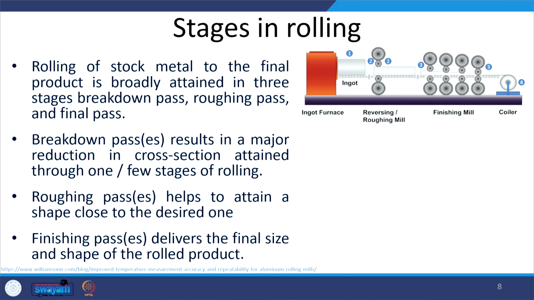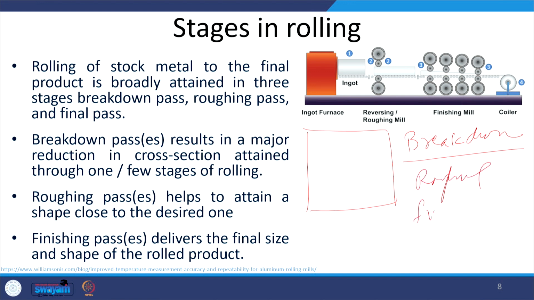As far as the stages of rolling are concerned, initially plates are extremely thick. So, initially we try to reduce the thickness as much as possible through the breakdown passes. There are 3 stages: breakdown passes, roughening passes and finish passes. In breakdown passes, a major reduction in thickness is realized.